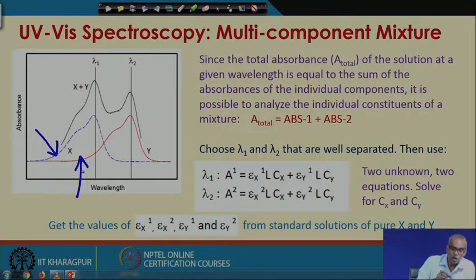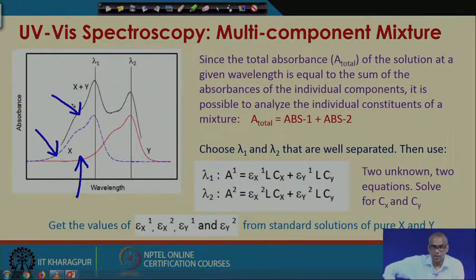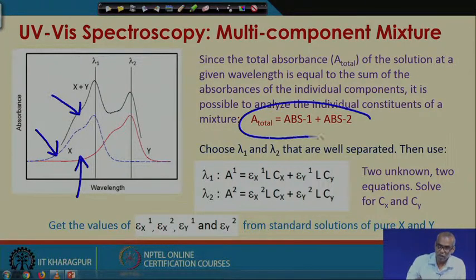So, when you have a mixture of x and y, you get these as absorption spectra. Since the total absorbance of the solution at a given wavelength is equal to the sum of the absorbance of the individual components, it is possible to analyze the individual constituents of a mixture.